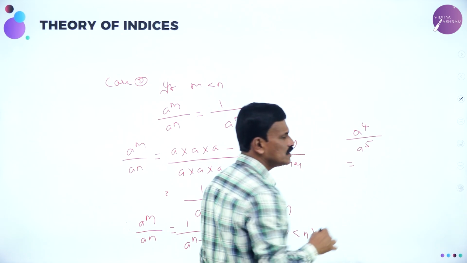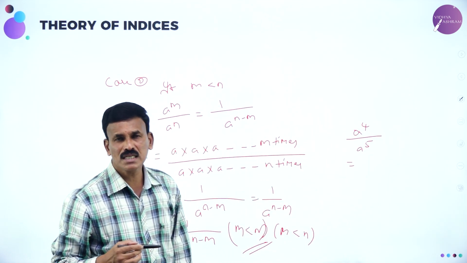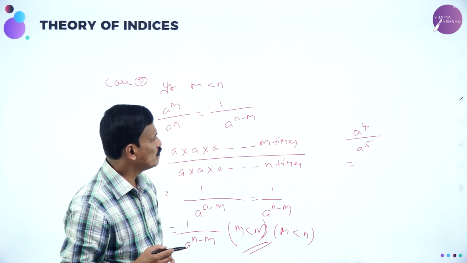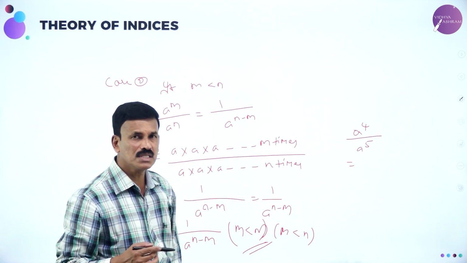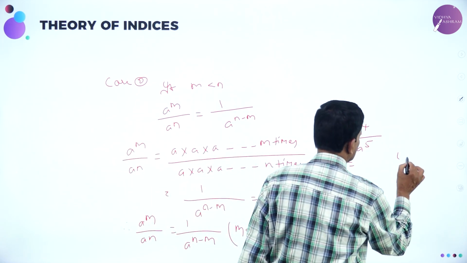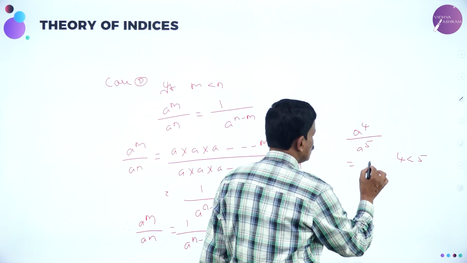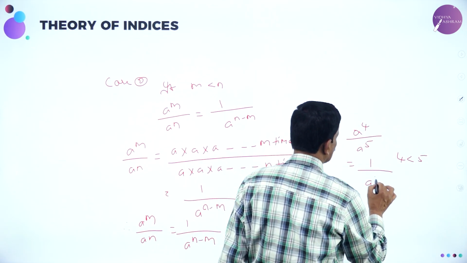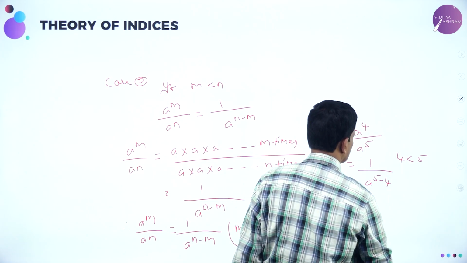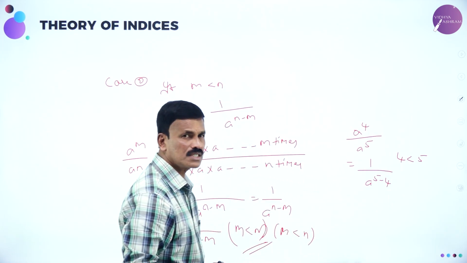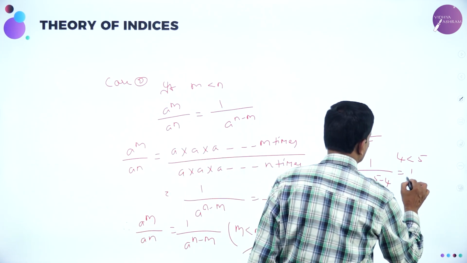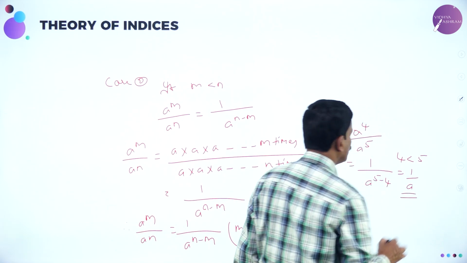Here m is 4, n is 5, so m is less than n. So we can write this as a to the power of 5 minus 4, that is nothing but a to the power of 1, that is 1 by a.